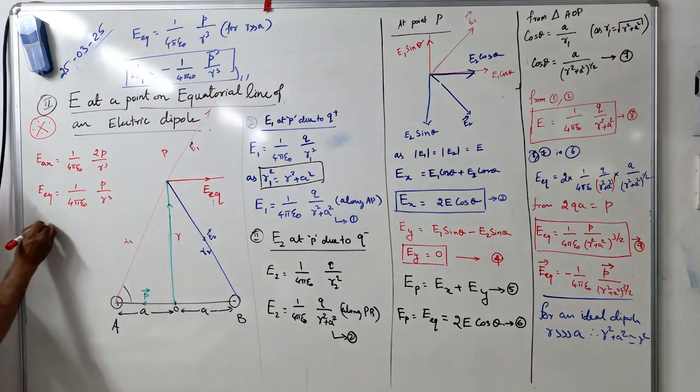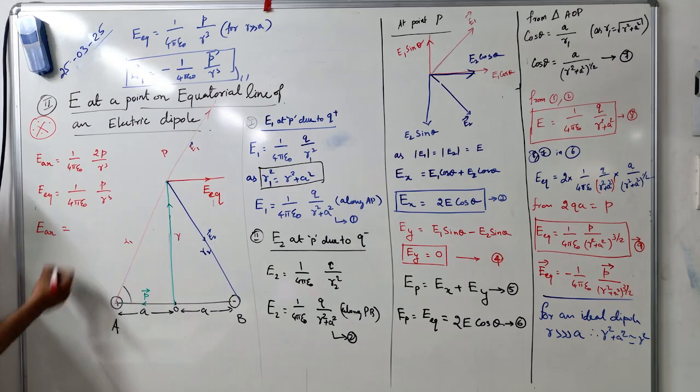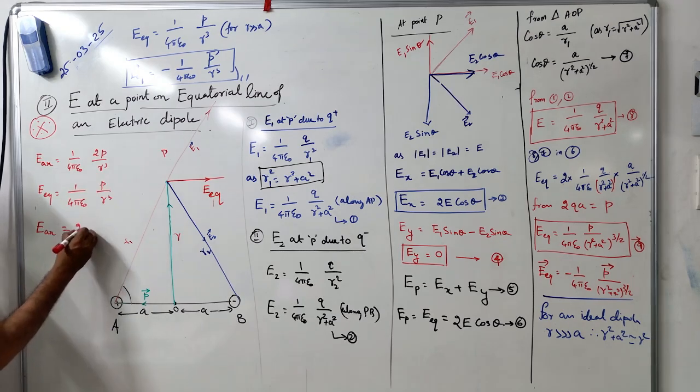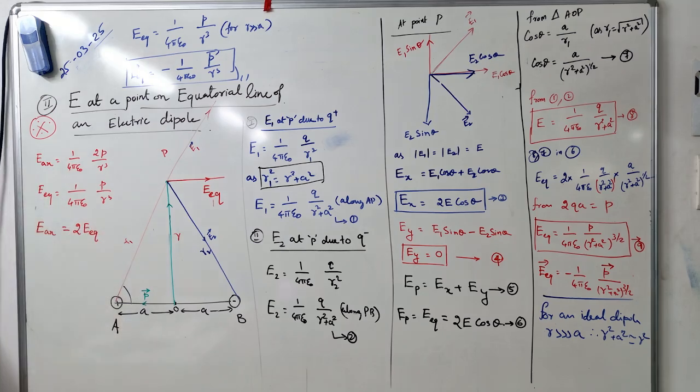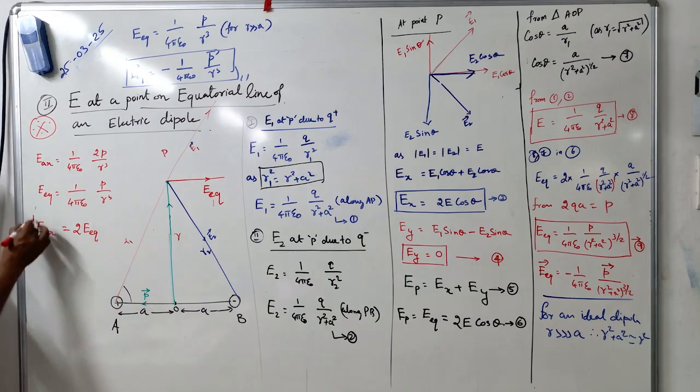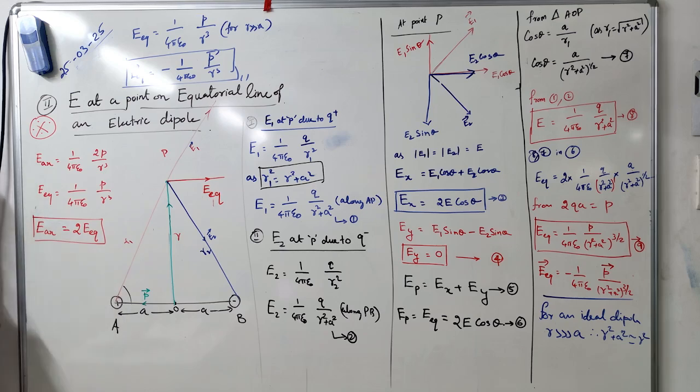So I can say E axial is equal to 2 times that of E equatorial. Got it? This is another relation. So E axial divided by E equatorial should be equal to 2, for the same distance.